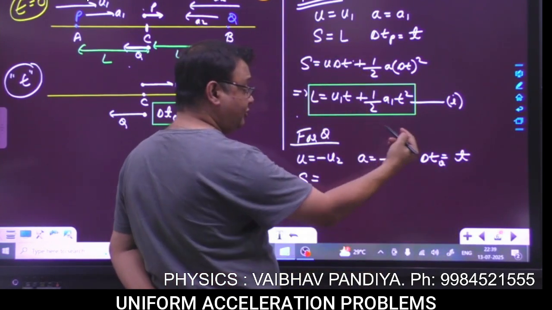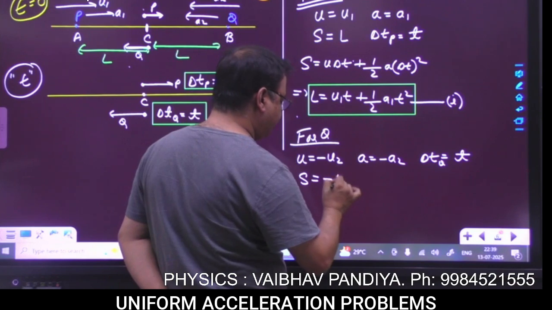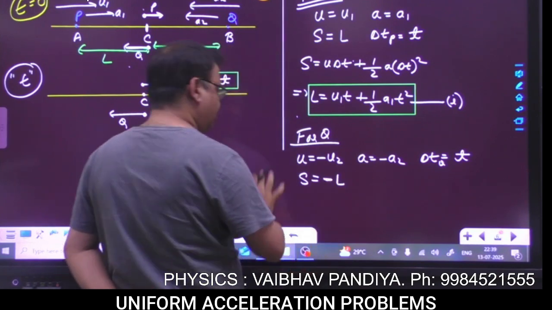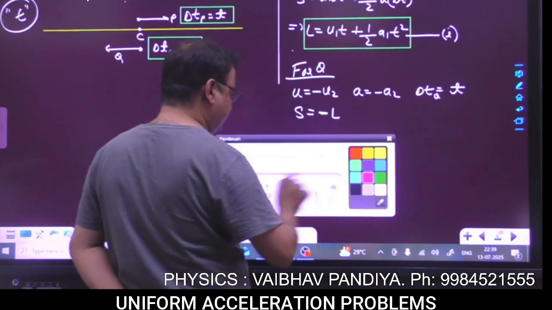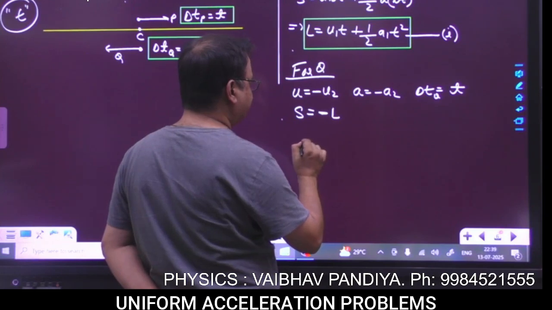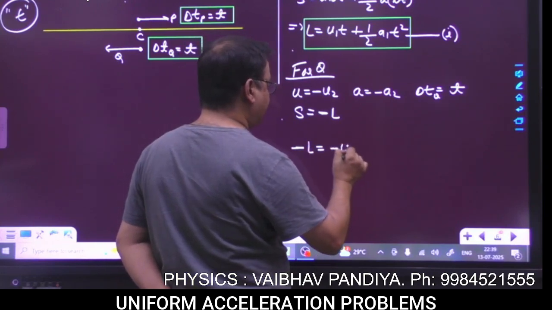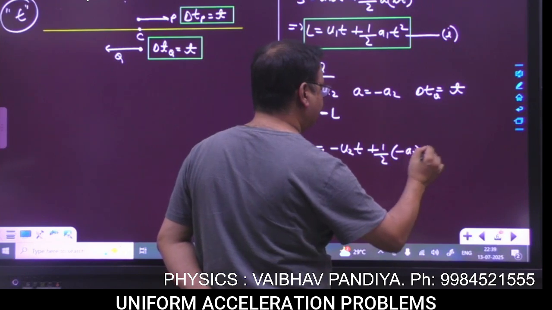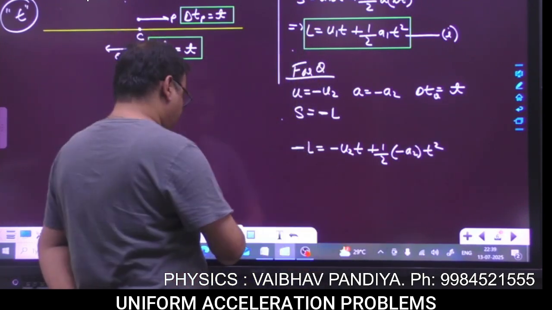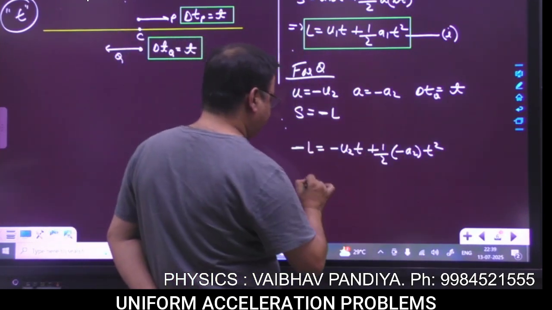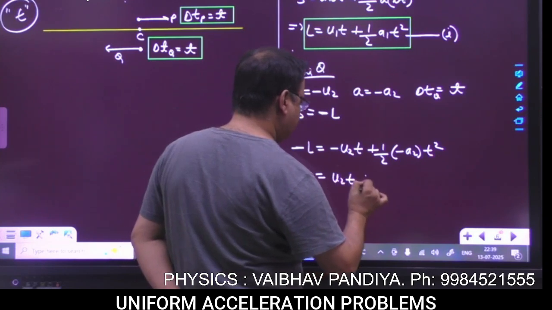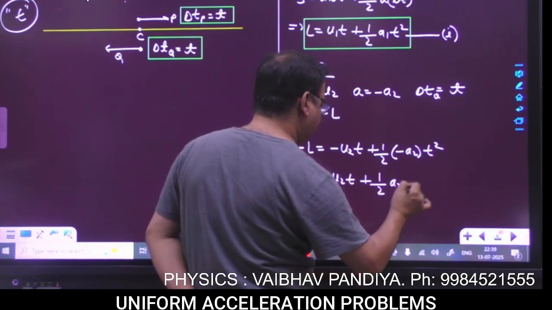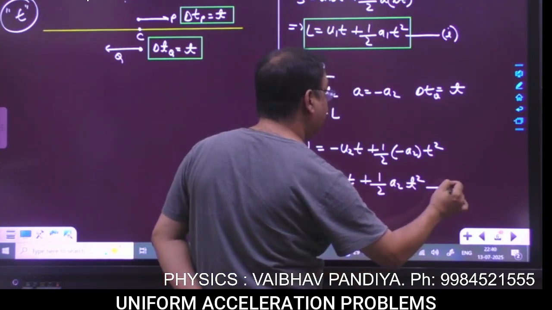It is going towards the left side, so it would be minus L. So S equals u delta t plus half a delta t square gives minus L is equal to minus u2 t plus half minus a2 t square. If I multiply with a negative sign, I get L is equal to u2 t plus half a2 t square.